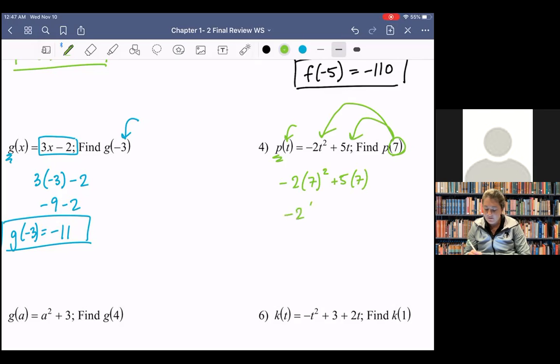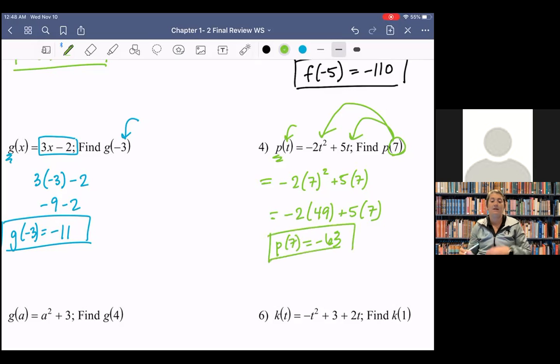That's -2 times 49 plus 5 times 7. I'm going to plug that in my calculator now. I'm going to do -2 times 49. I got -63. So apparently p of 7 is -63, our final answer.